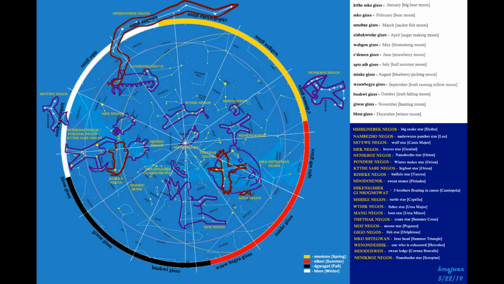If you look at the yellow on the top right of it, those are the spring months. If you look at the red, those are the summer months, along with the black are the fall months. And this is how you interpret what it will be in the sky during those months, if you look at that there and see where it matches up.